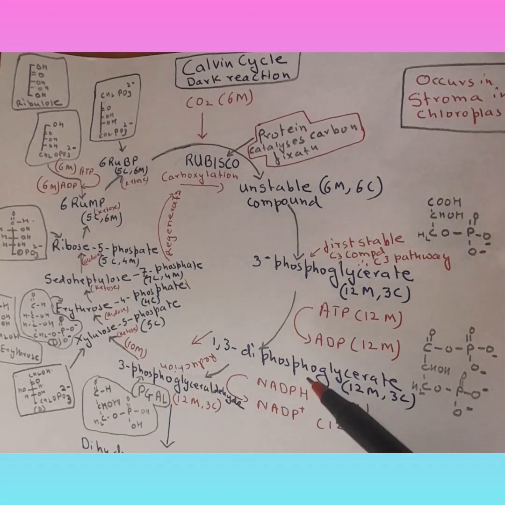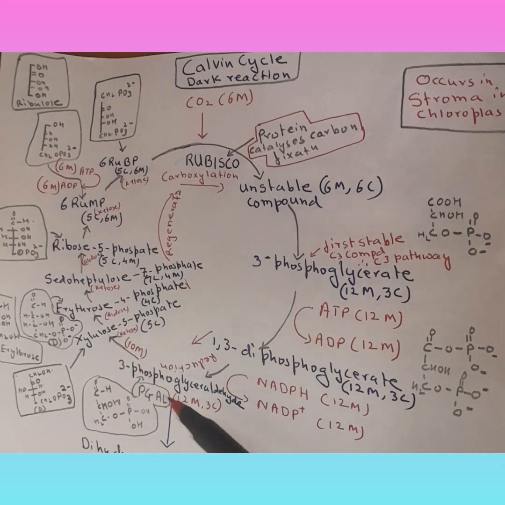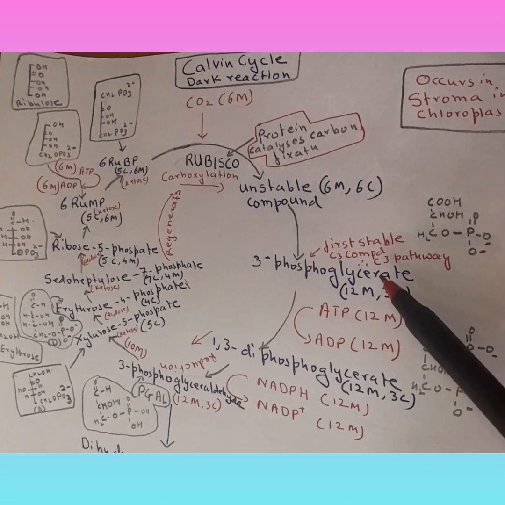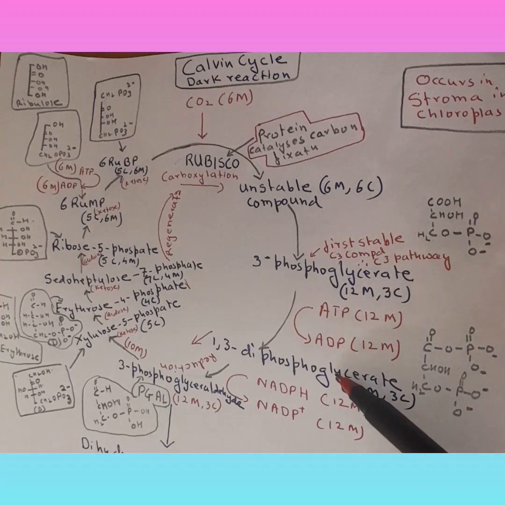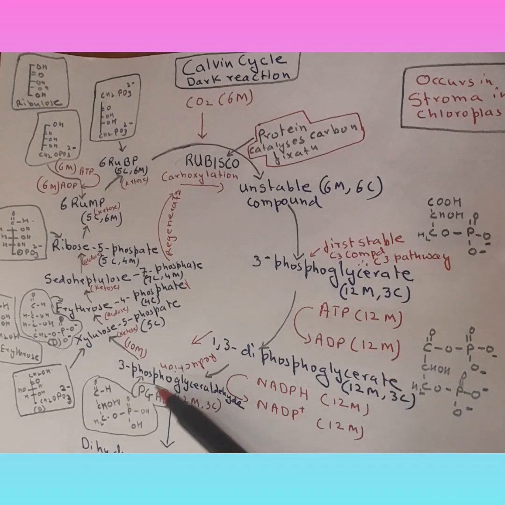So what we end up with is 12 molecules, 3 carbon, but it's an aldehyde now. What we saw here was monophosphate, here diphosphate, here it was acid, then this acid got reduced to aldehyde.